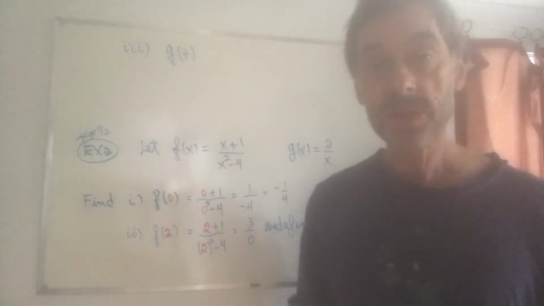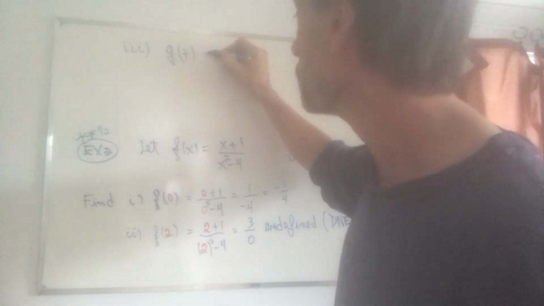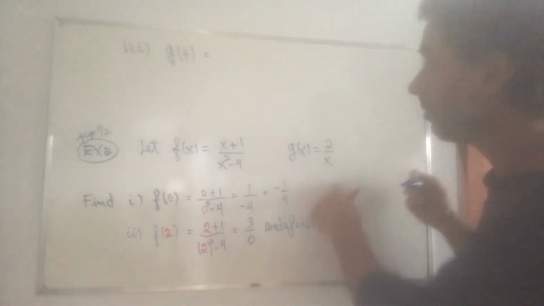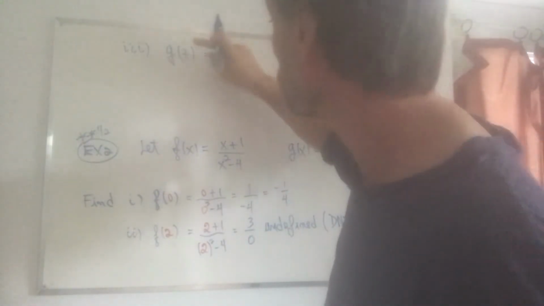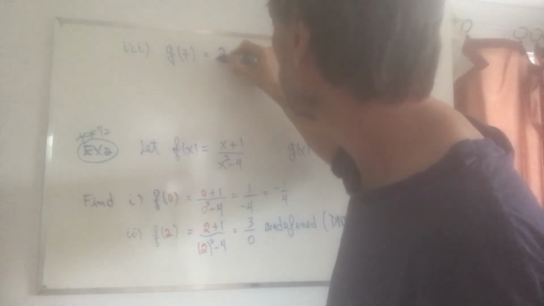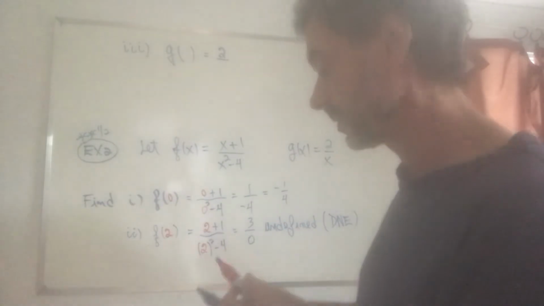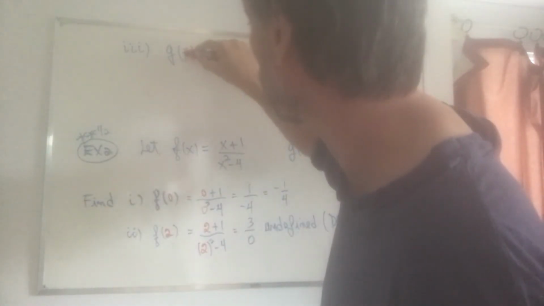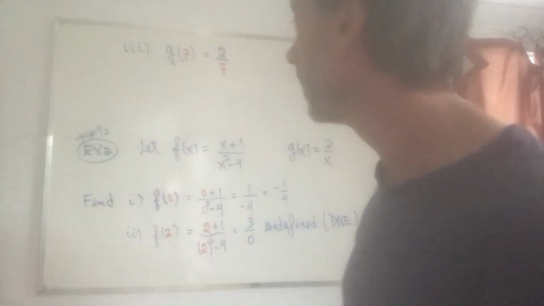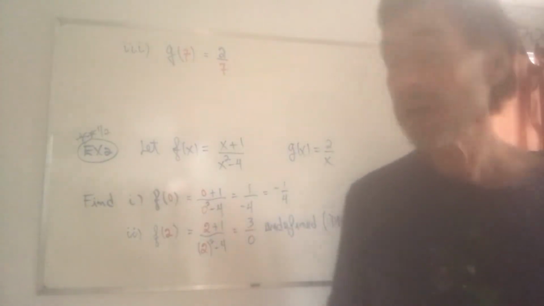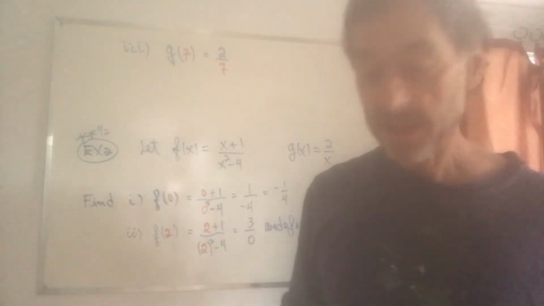Well, g of x is 2 over x. So, g of 7 is going to be 2 over 7. Let me put that in red, since it's the number a at which I evaluate my function. And there you go. It's done. 2 over 7 is my answer.